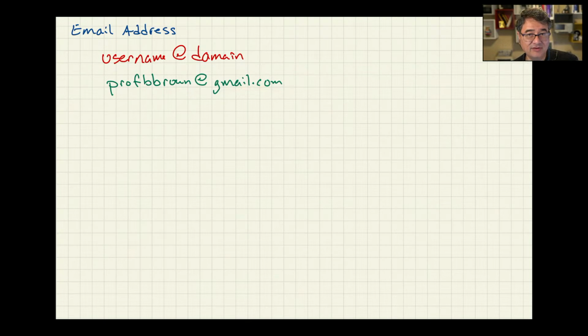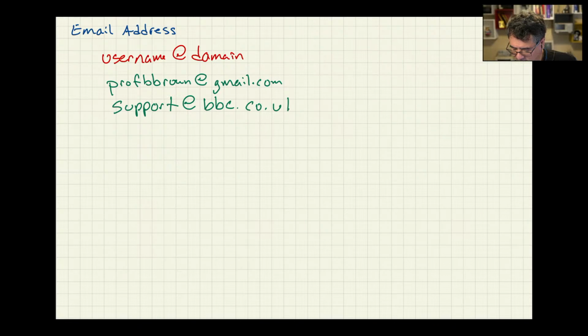But the domains don't have to be just like 2 words. You've probably seen some domains that are longer than that. We could have support@bbc.co.uk. In this case, the domain is longer. It has multiple dots in there.